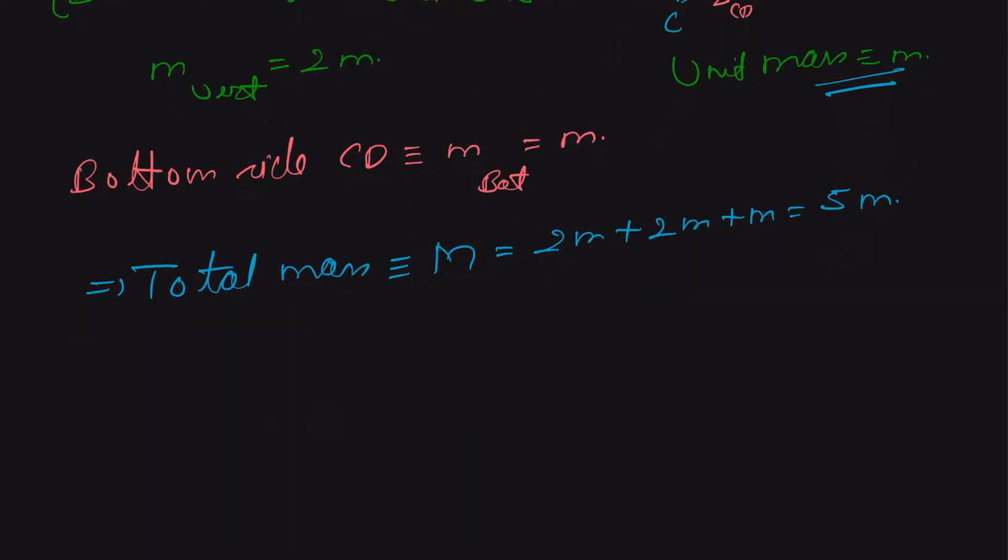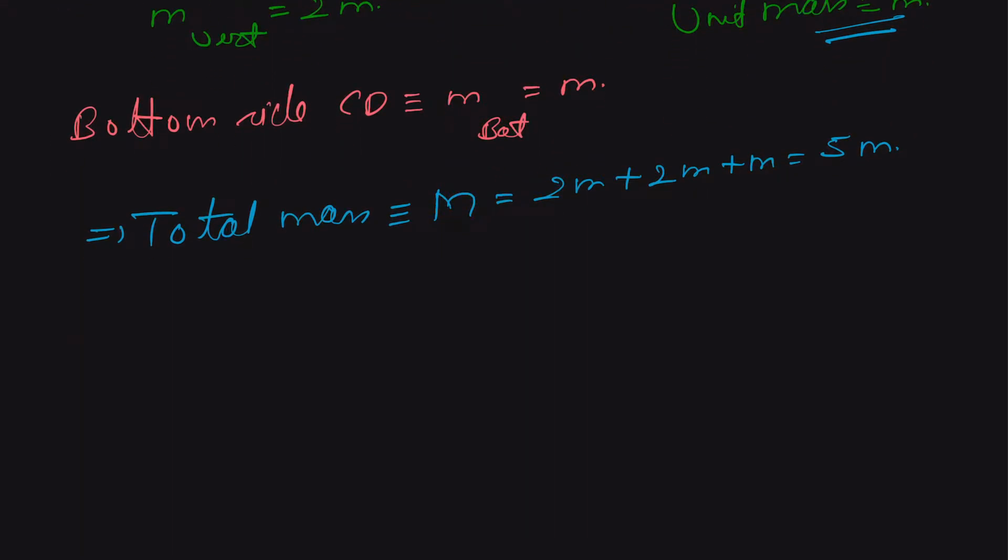Therefore, we can say that the center of mass of our BC, which we called ZBC, will be at 15 centimeter, or in terms of meters we can write this as 0.15 meter.